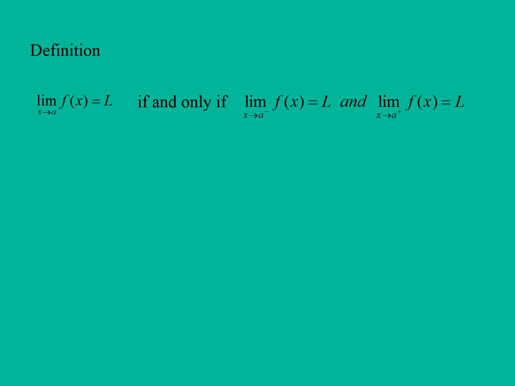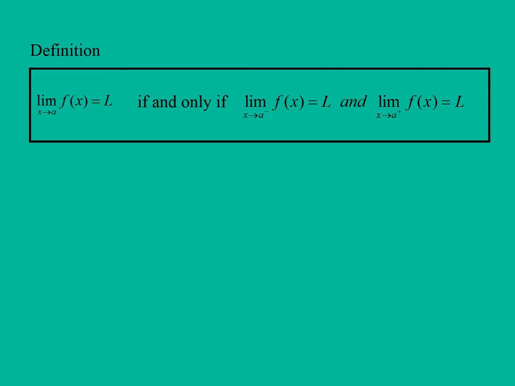Another definition. The limit of f of x as x approaches a equals L if and only if we have these one-sided limits. So the left-hand limit must equal the right-hand limit. Now let's explain what's going on here a little bit. Remember a conditional statement. A conditional statement is an if-then statement.